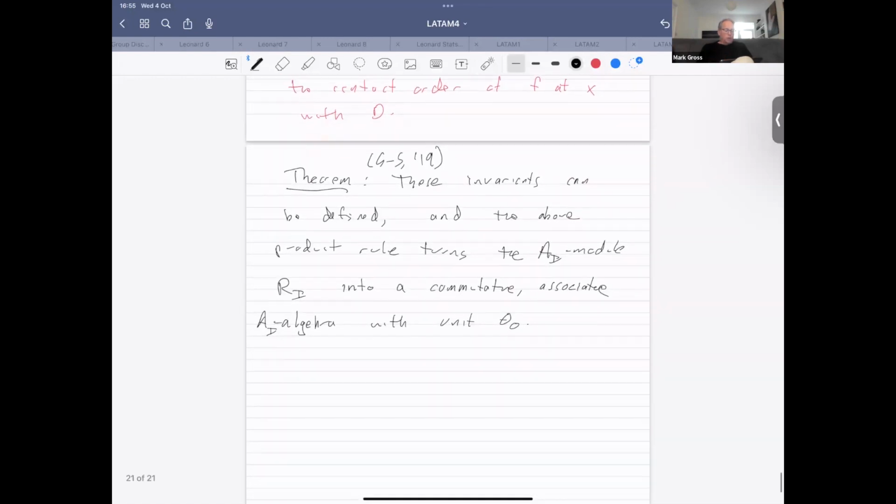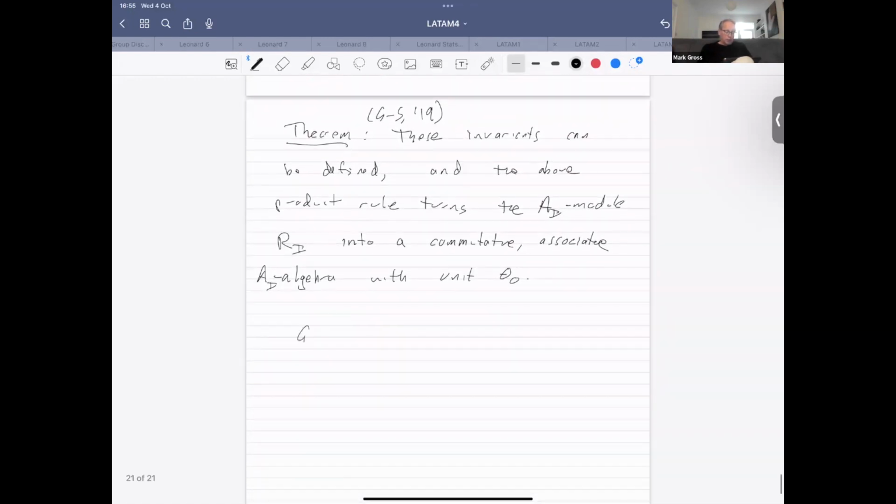So once you have this, we can then define the mirror XD, or the mirror family, I should say, as spec AI. So this is an infinitesimal version of the Kähler modular space.